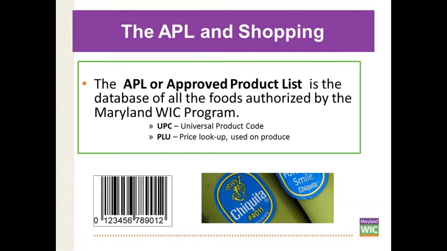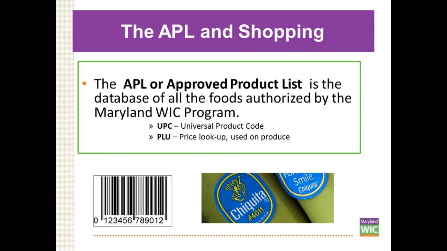It is during the shopping experience that the Authorized Product List, or APL, comes into play. The APL is a database of all foods authorized by the Maryland WIC program. The APL will include thousands of UPCs and PLUs for WIC-approved items.